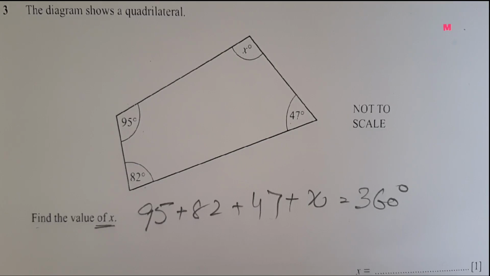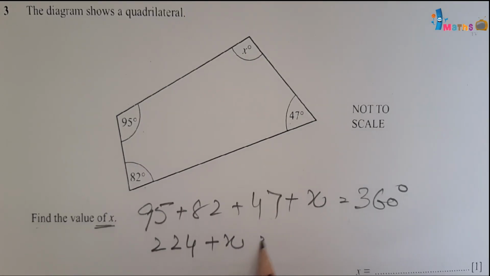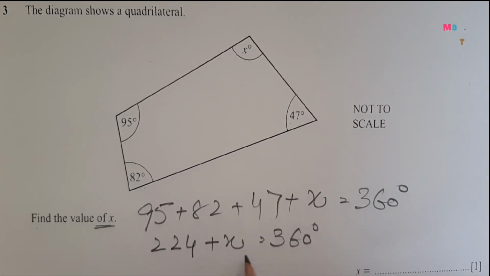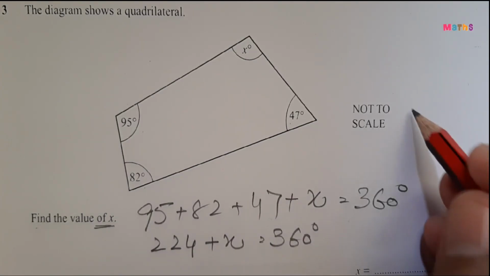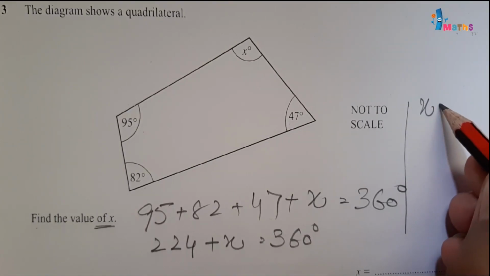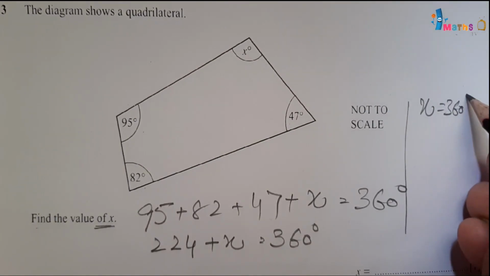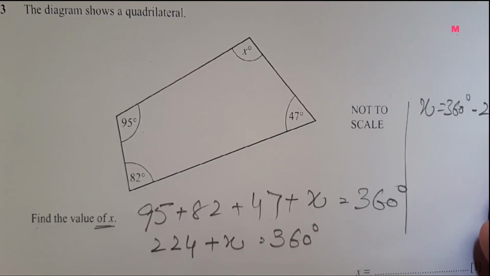We will add 95 plus 82 plus 47. This will be equal to 224. So 224 plus x is equal to 360 degrees. So x is equal to 360 degrees minus 224 degrees.